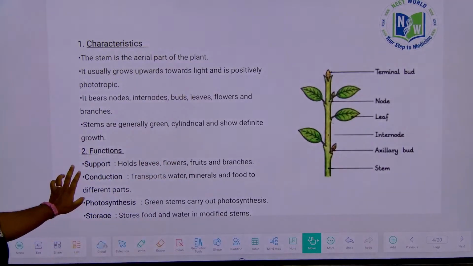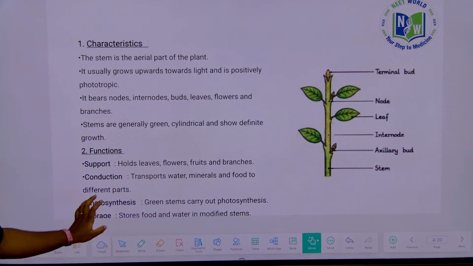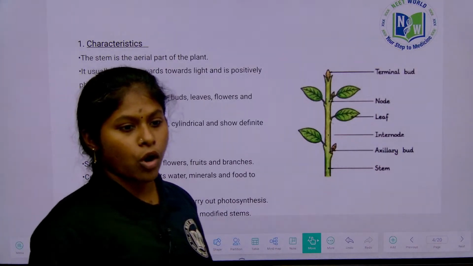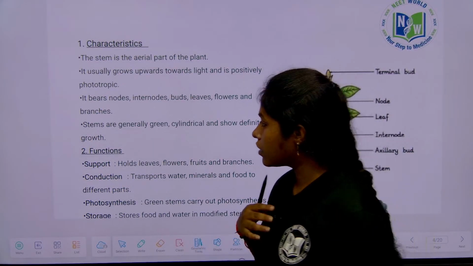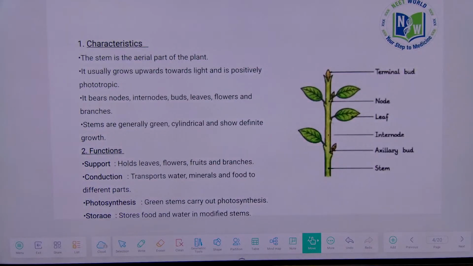Coming to the function, it supports, conducts, and does photosynthesis.